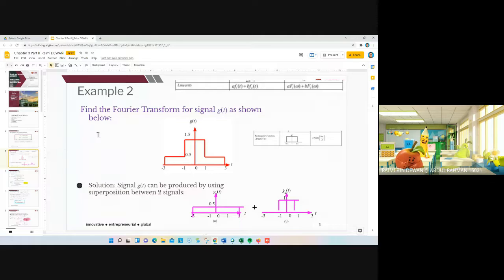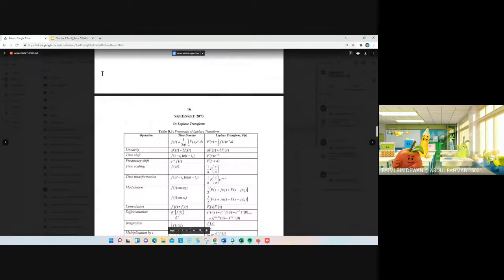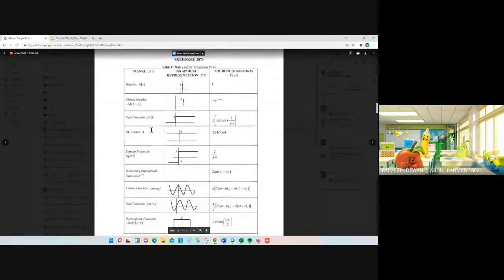So you see here, find the Fourier transform for the signal g(t) as shown below. Fourier transform means we have a time domain signal, but we are going to get a frequency domain signal. First, we look at the table in C.1, if I'm not mistaken.